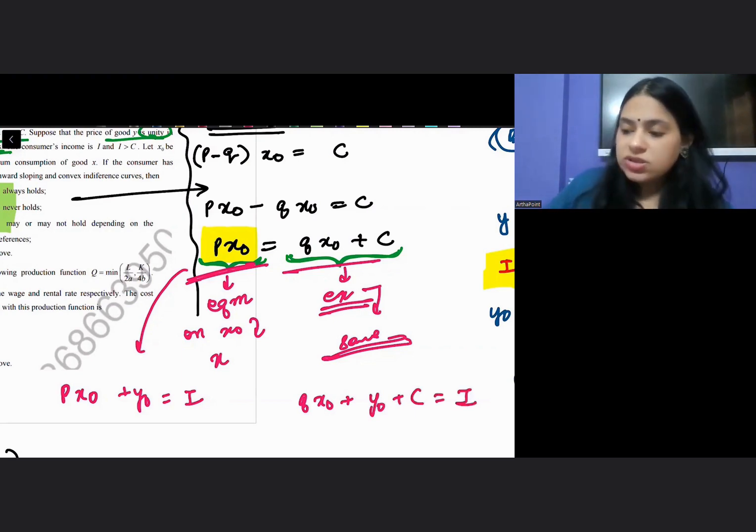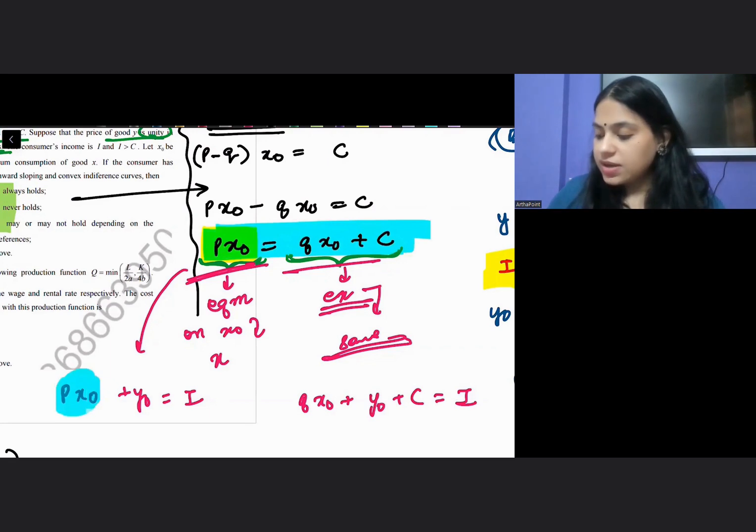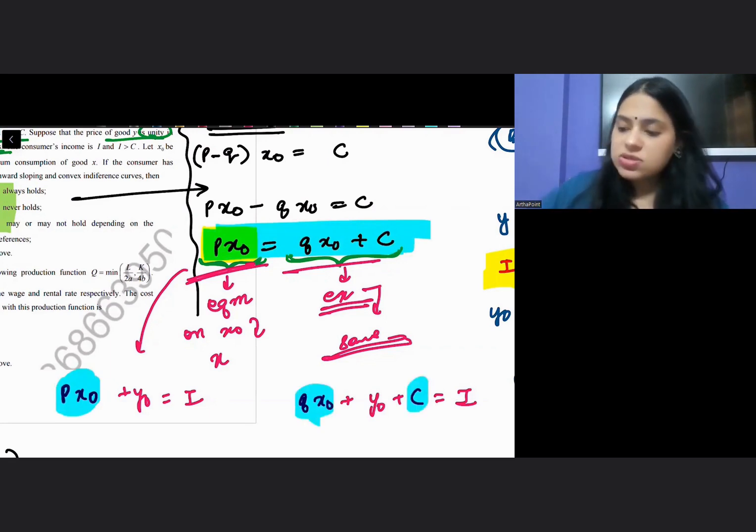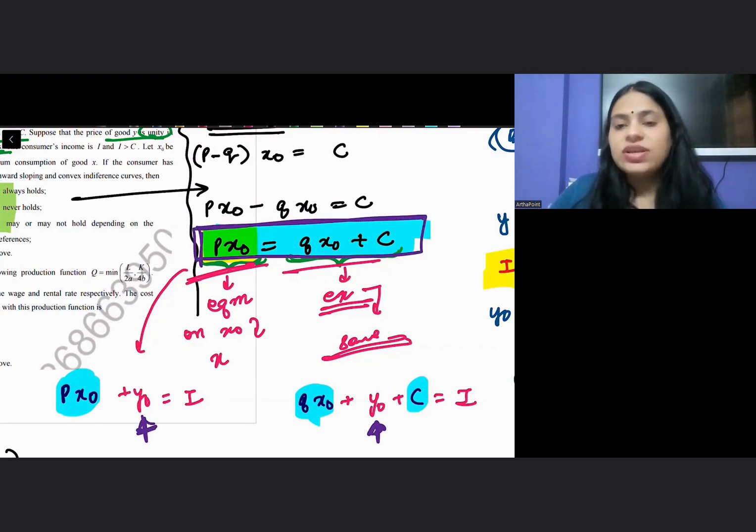Now, if I want this condition to hold true, that means this part and this part are the same, then this is only possible if I am spending the same amount on good Y in the two markets. Only then will I be able to make the condition equal.